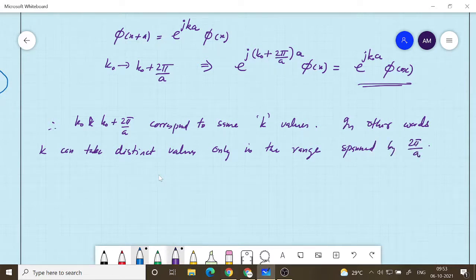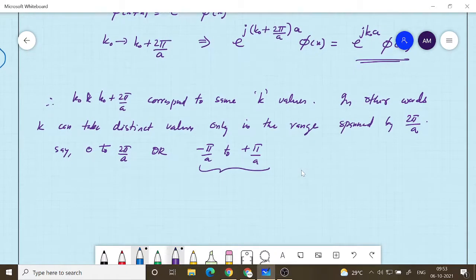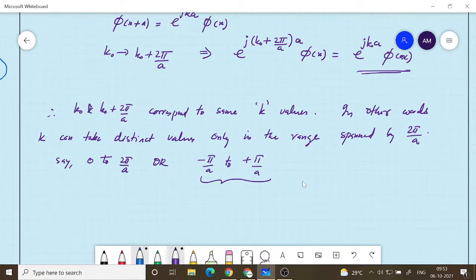So either it can be from 0 to 2 pi by a, but what is more common is minus pi by a to plus pi by a. This is what is more commonly used. So k can take values from 0 to 2 pi by a, or you can say minus pi by a to plus pi by a. Anything beyond plus pi by a will come back to negative values. They are equivalent.